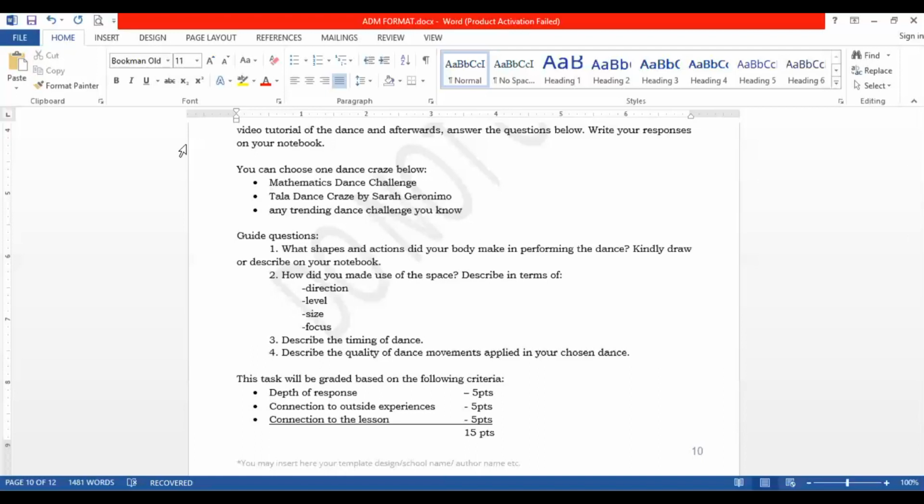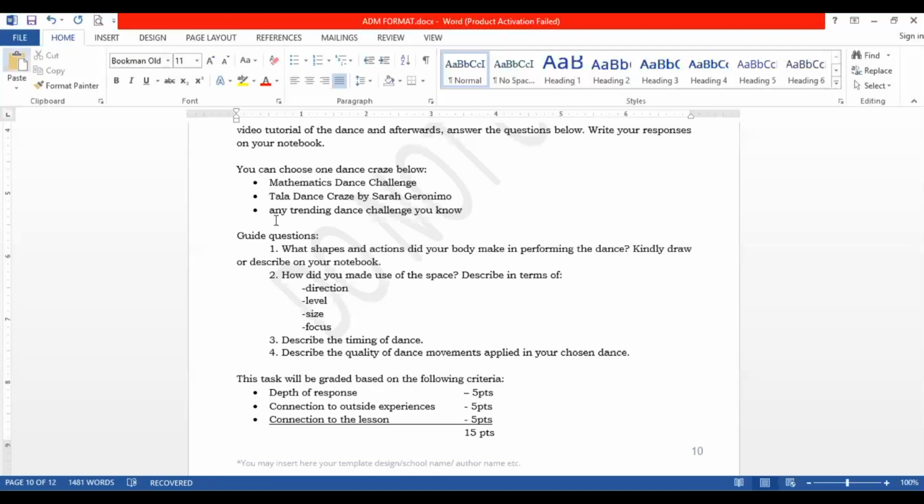So sa mathematics, kaya ko din kinonsider mathematics dance challenge kasi very pangbabae yung Tala. Pwedeng hindi siya piliin ng lalaki kung ang estudyante natin ay lalaki. Plus yung mathematics dance, 'di ba? Sa umpisa medyo slow and then sa bandang dulo ng dance, medyo palong-palo na yung mga dancers na yon.